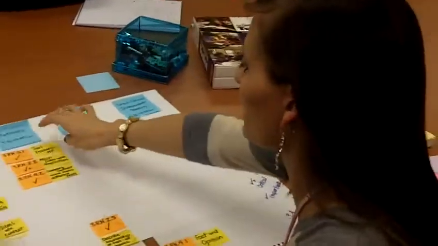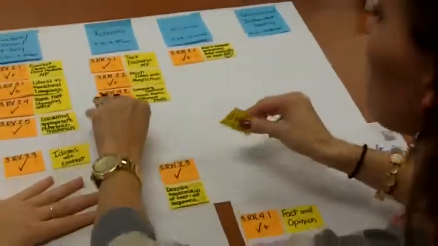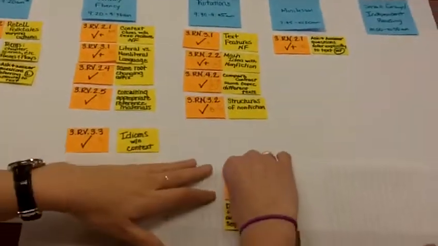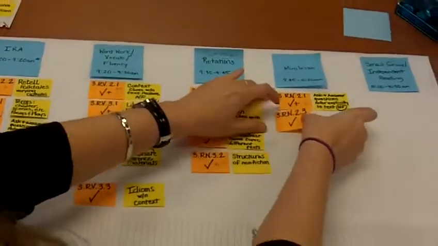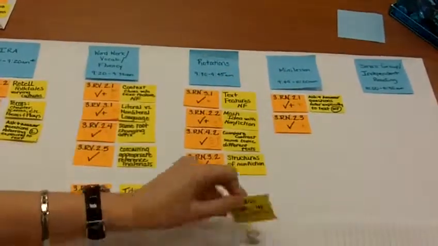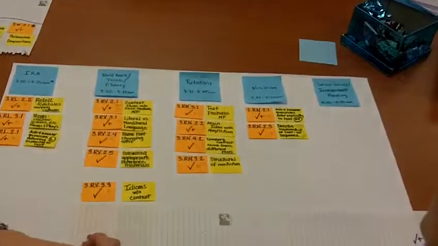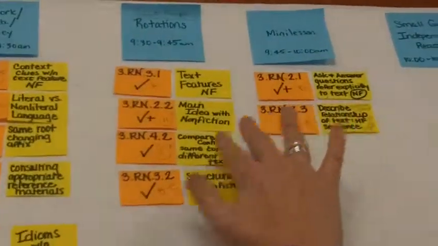So I think that would go with exposing them to even how it's laid out. And then that could lead into how we would explicitly teach them that the text is set up by compare and contrast, sequencing, cause and effect. All of these different things could lead into something like this.